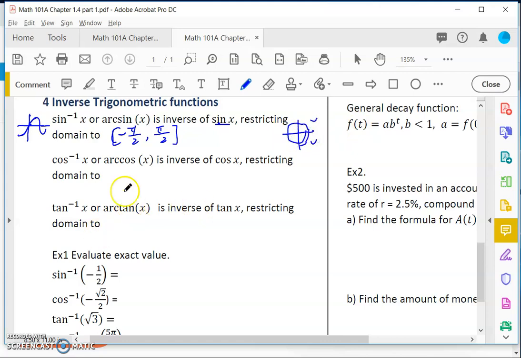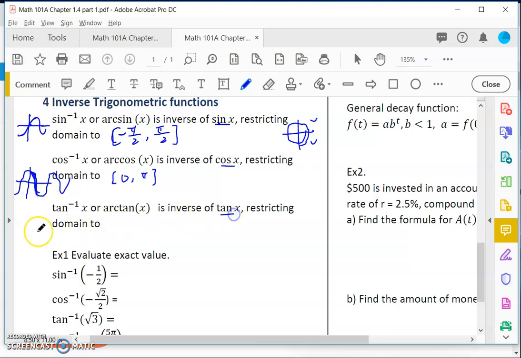For cosine, cosine was like this, right? I would restrict this to be on this part, from 0 to pi. It would take all the part, it would span positive and negative of the function.